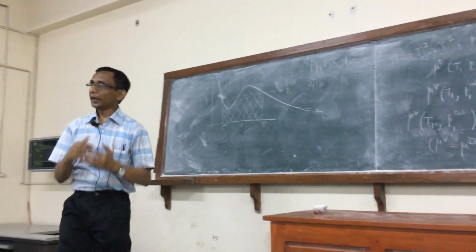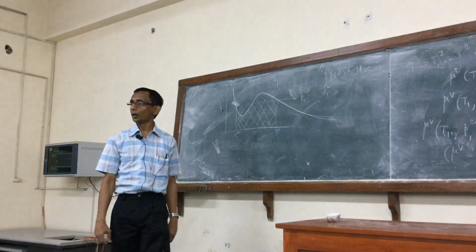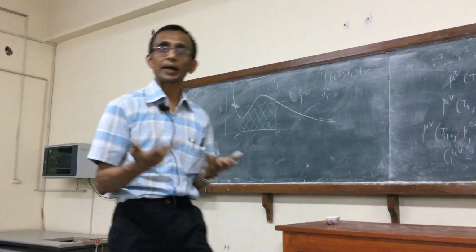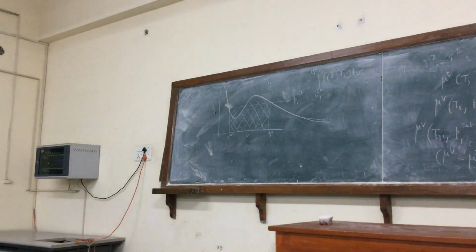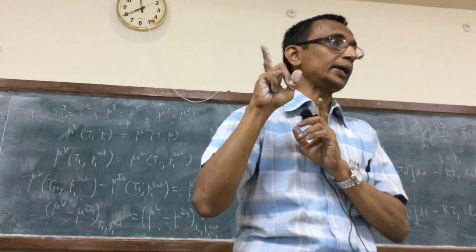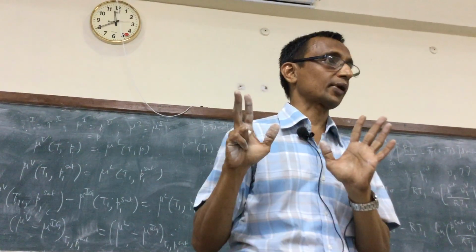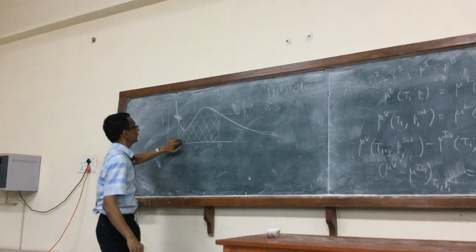Where you have the crisscross, where both shades are there, what has to be done to those areas? It will be cancelled. I have to only consider the part which doesn't have any crisscross, that is what is left behind, right?